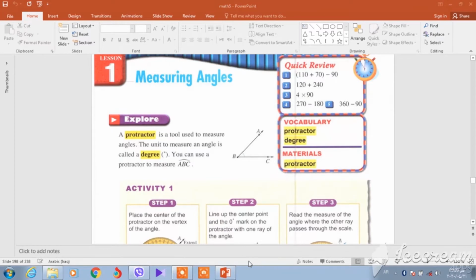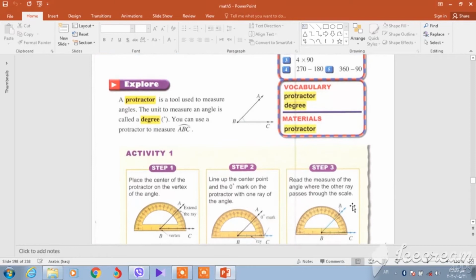Okay, now on page 190 we have measuring angles. We studied this. We have an angle, for example, angle ABC. We use the protractor.